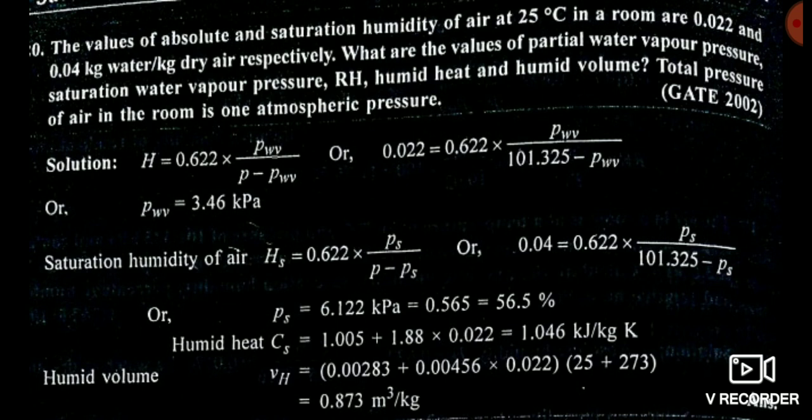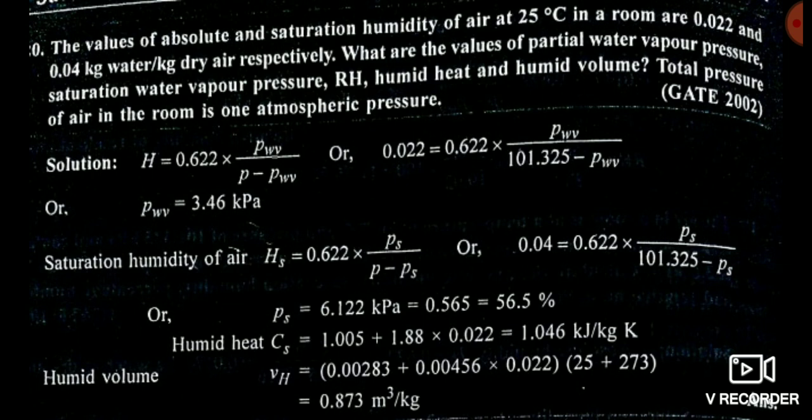And friends, after that we have to calculate the humid heat. Humid heat formula I have told you in my previous lecture, that is 1.005 plus 1.88 into H, where H is the absolute humidity. Friends, here absolute humidity is 0.022. You put all these values, you will get the humid heat, that is 1.046. Now friends, VH means humid volume.